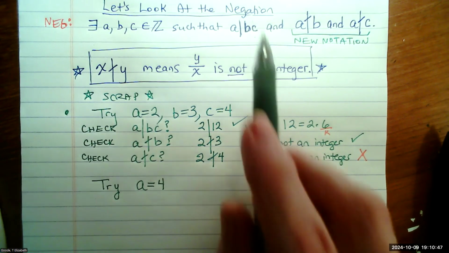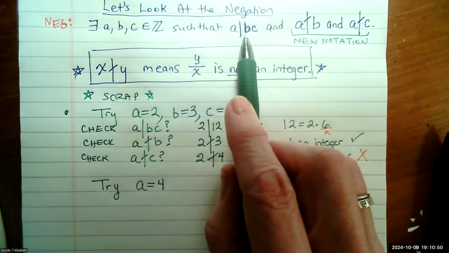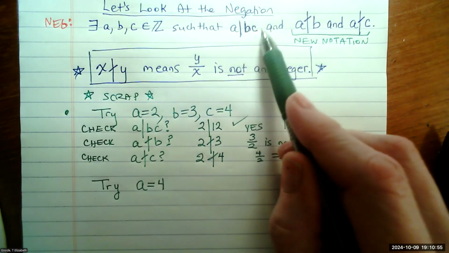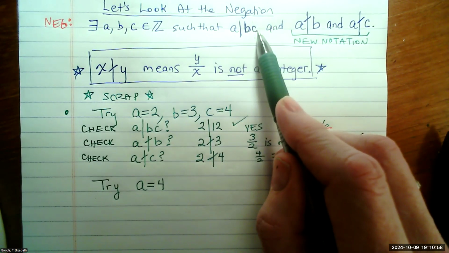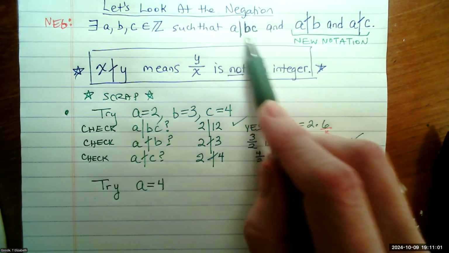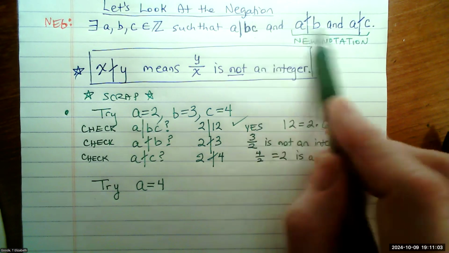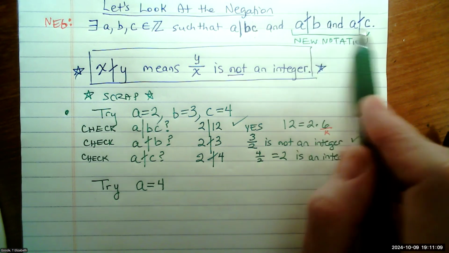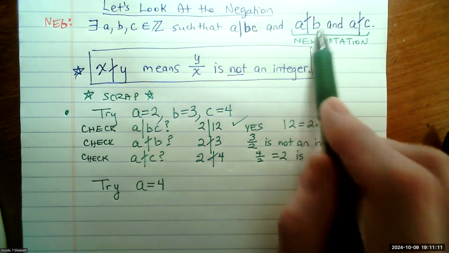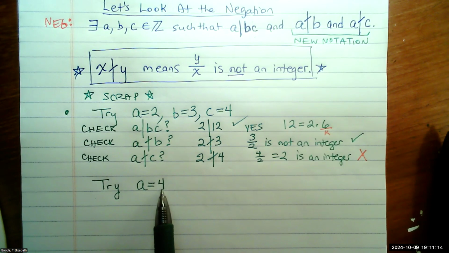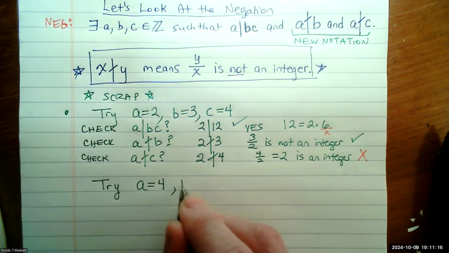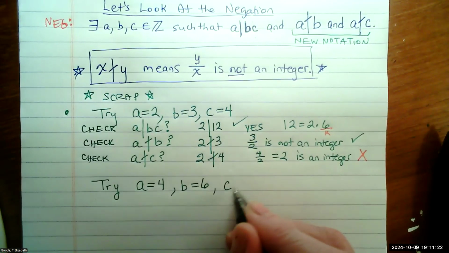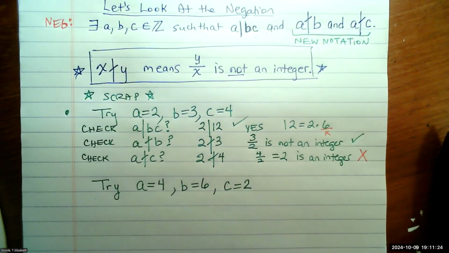And maybe we could give one of the 2's as a factor in B and the other 2 that's in 4 as a factor in C. And then 4 will divide B times C, but it won't be able to divide into B or into C, because we don't want to give B and C both of those factors of 2 that fit into A. So, let's try this. B could equal 6, for example, and then we could just let C equal 2. Let's see if that works.